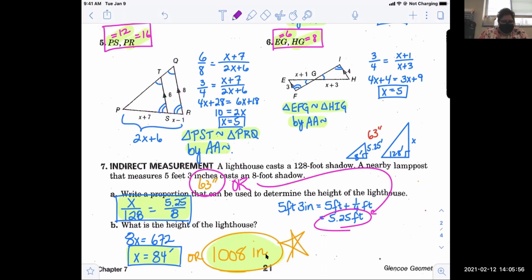Now, for the one down here, just a few notes. 5 feet 3 inches is 63 inches. It's also 5 feet and a quarter. Okay, why is it not 5.3? Why is 5 feet 3 inches not 5.3?